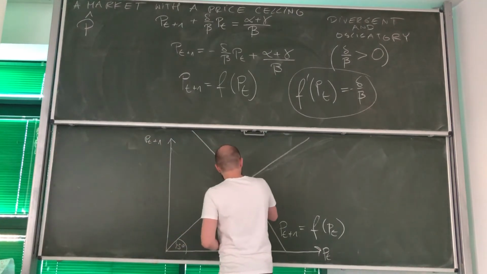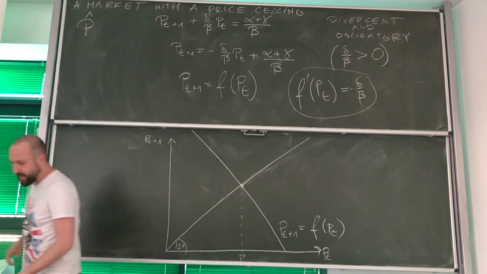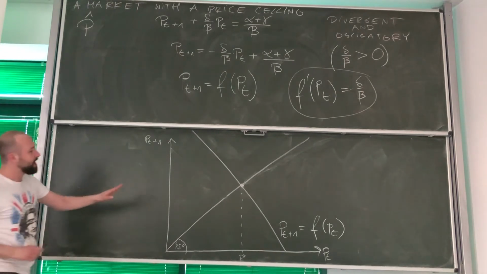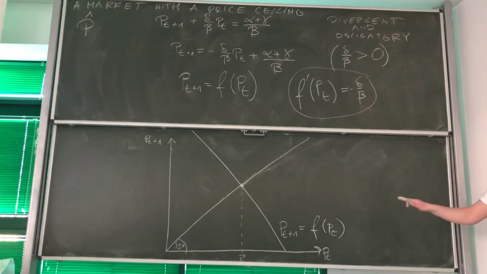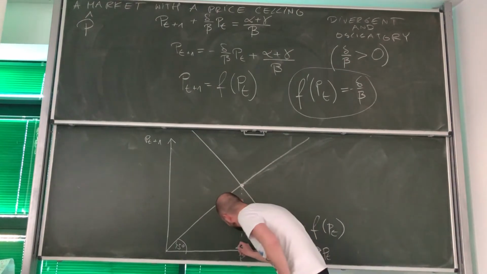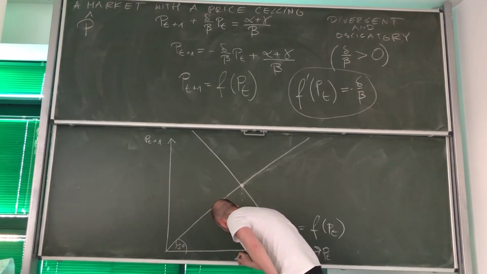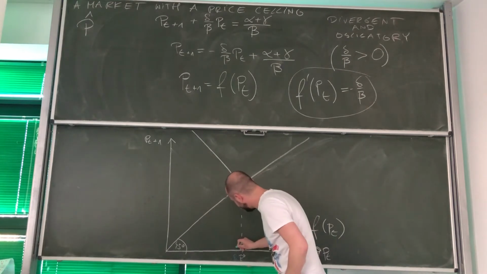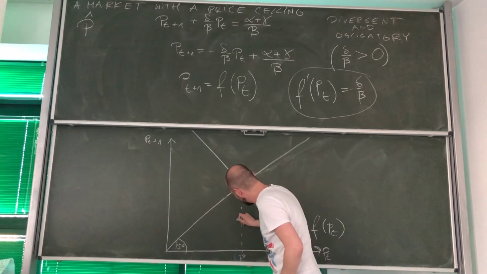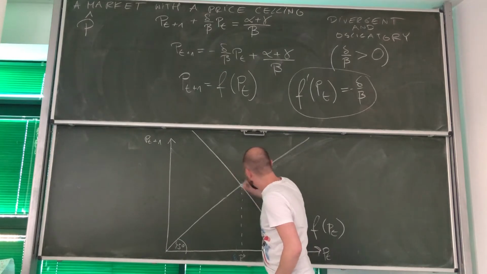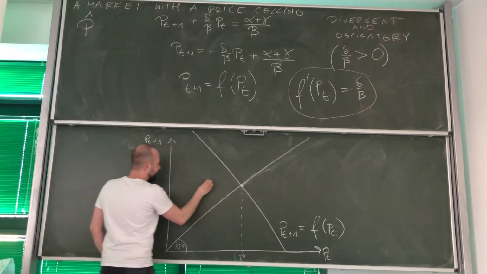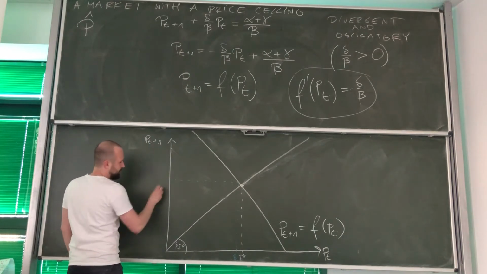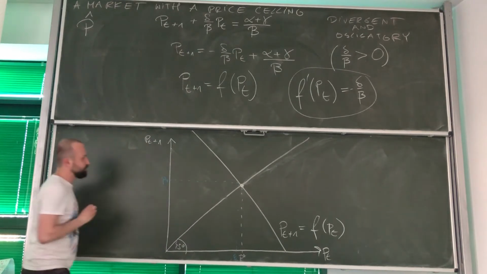However, let's one more time see what is going to happen here if the price is slightly below equilibrium level, right? If price is at P0 this period, then we can read from this line that the next period, the price is going to be P1.